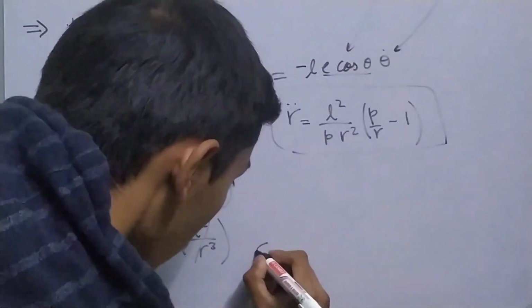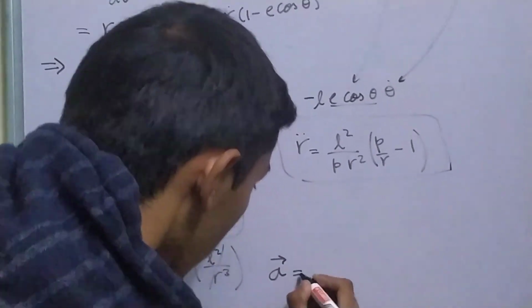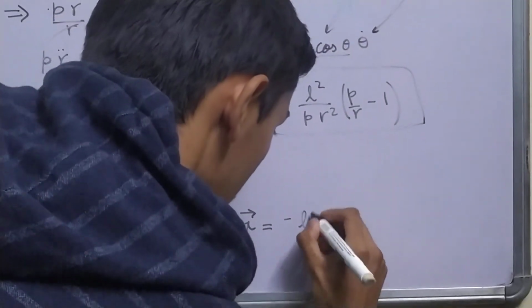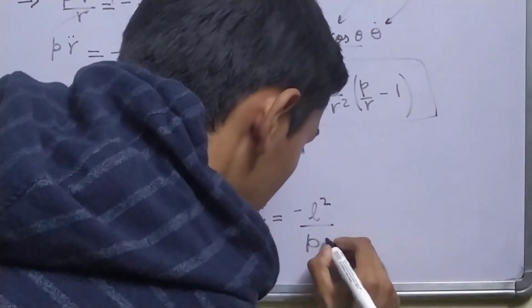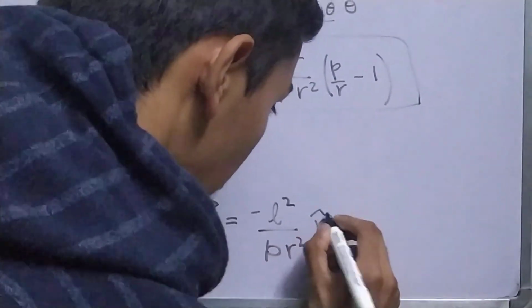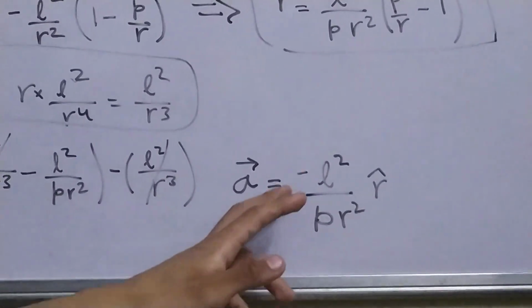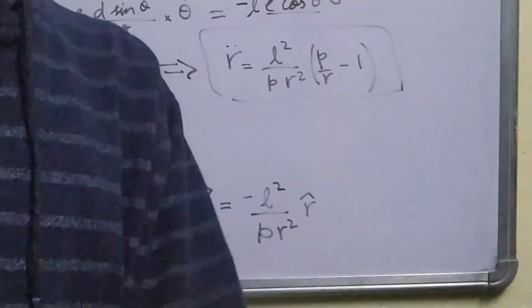So finally your acceleration is minus L square upon p r square in r cap direction. Now L is a constant, L square will be a constant, and L square upon p will be a constant because p is also a constant.